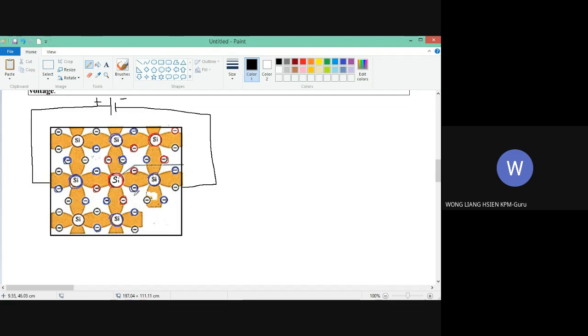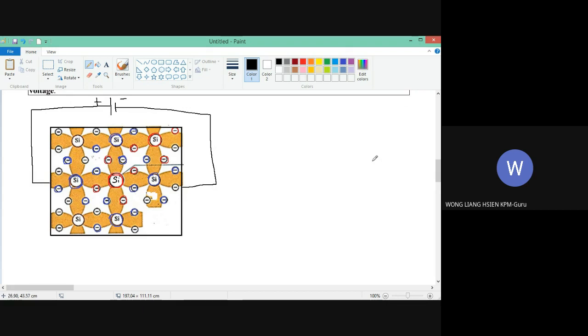Cannot. All of the electrons are occupied. All of the electrons belong to some silicon. So they cannot move, because in this case, it has a very limited number of free electrons, so current is very difficult to pass through. It is very difficult for electrons to flow.